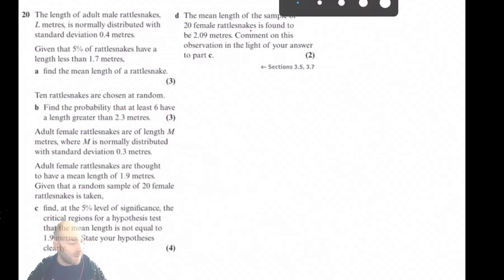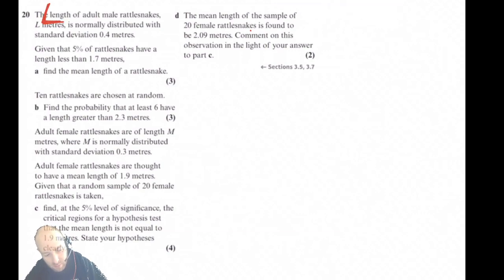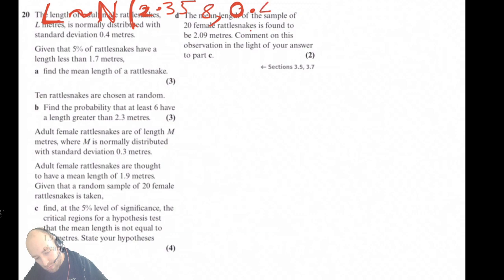Oh no, I needed that mean. Was it 2.358? So let's write that up here. L is normal with mean 2.358 and variance 0.4 squared. That'll do. We can just about see all that.